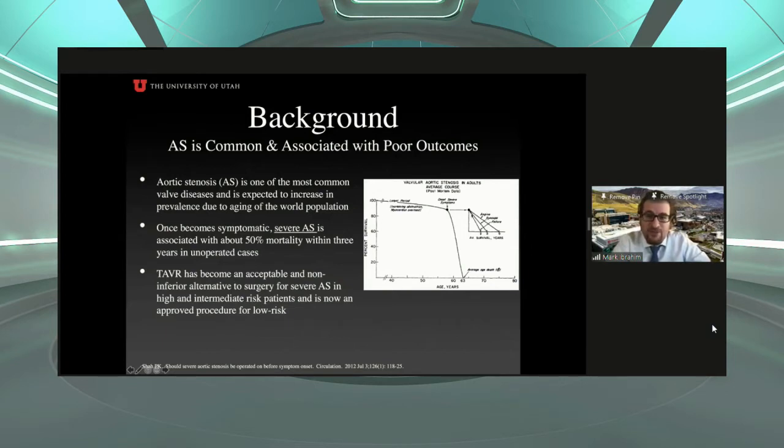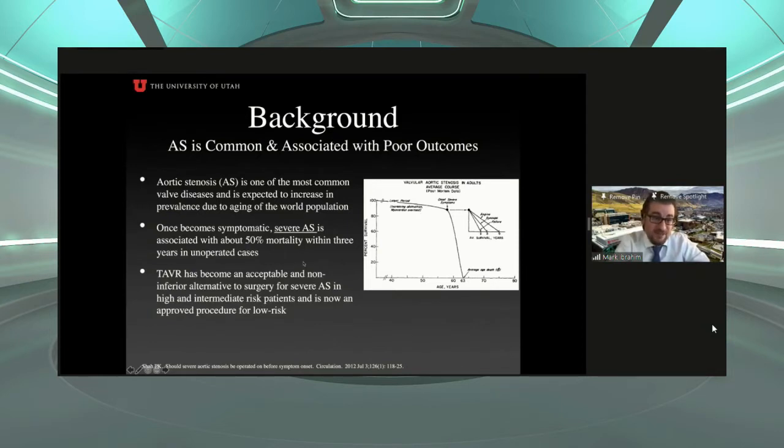There is a long pre-symptomatic period where the patient is asymptomatic but has severe AS, and then a dismal outcome. So it's very important to catch the disease at this point and implement therapeutic options.